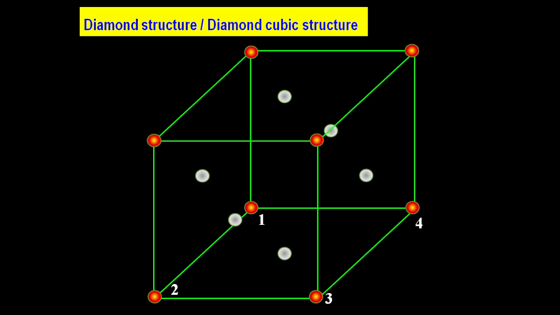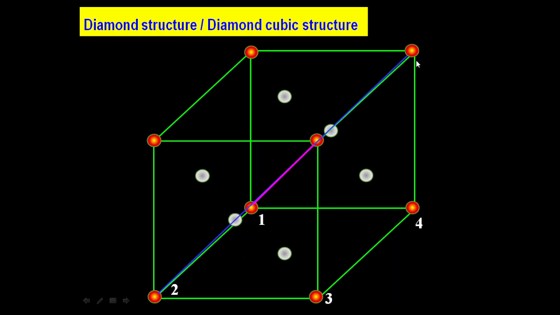For ease, I have labeled these atoms as atom number 1, 2, 3 and 4 in the bottom layer. Now I will construct 4 diagonals inside this unit cell. So how to construct them? First, this corner atom, atom number 1, is joined with this corner. This is one of the diagonals. Next, with the help of atom number 2, I have joined this corner atom and that back corner atom.